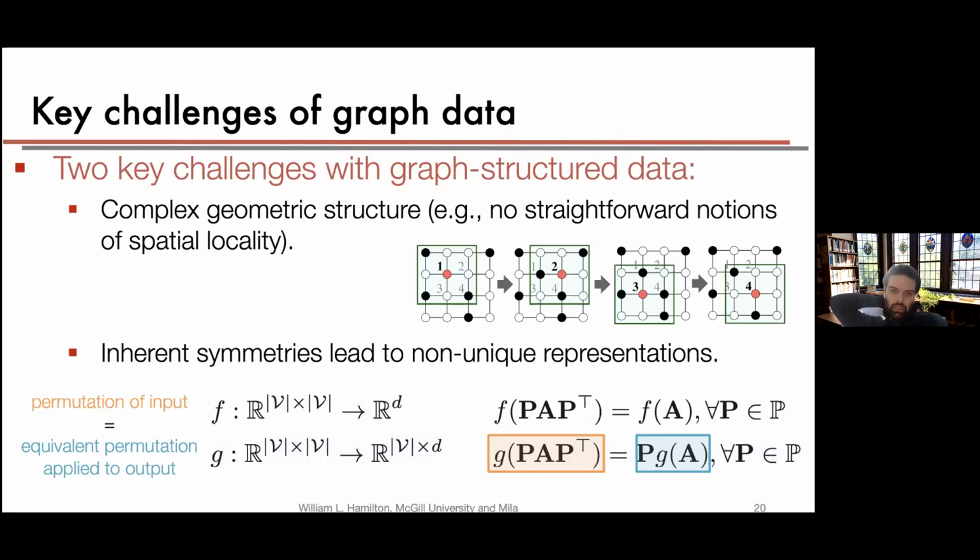So if I apply some permutation to my adjacency matrix, so now the node that was in row 1 is now in row 5, what I get as output is the same set of embeddings, just permuted in an analogous way.